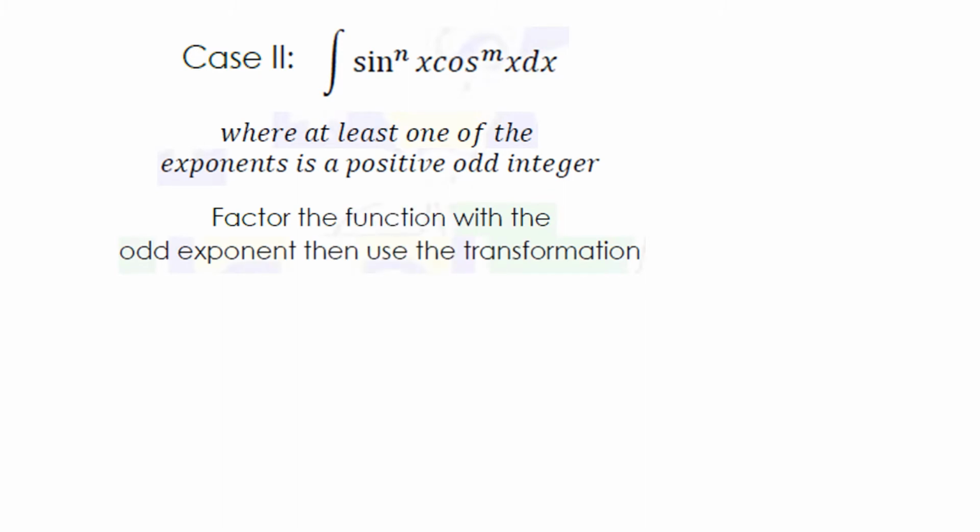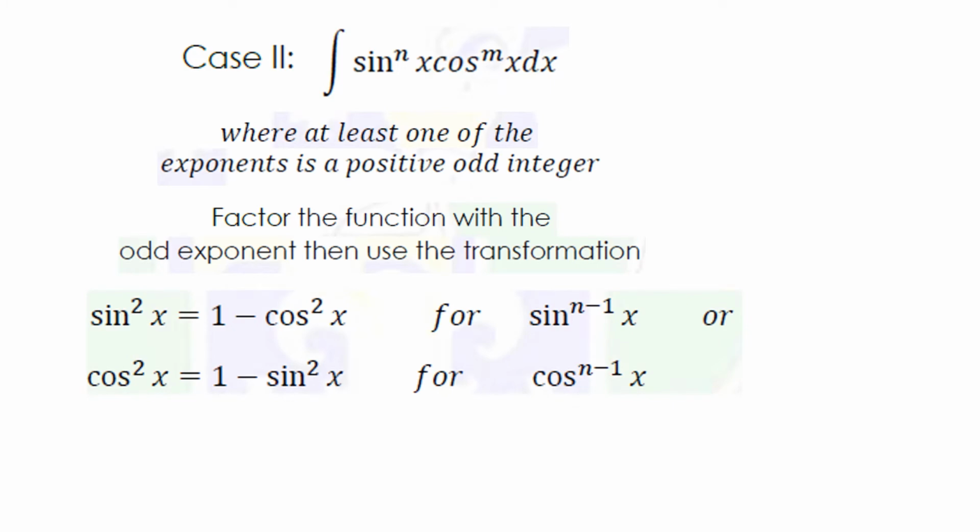The first thing is still we factor out the function with the odd exponent, and then we will use now transformation. We will still follow the same procedure. And again, we will be using the trigonometric identities or trigonometric transformation, wherein we can convert sine squared x and cosine squared x in terms of the other function. And I repeat, we will be transforming the term with the odd exponent.